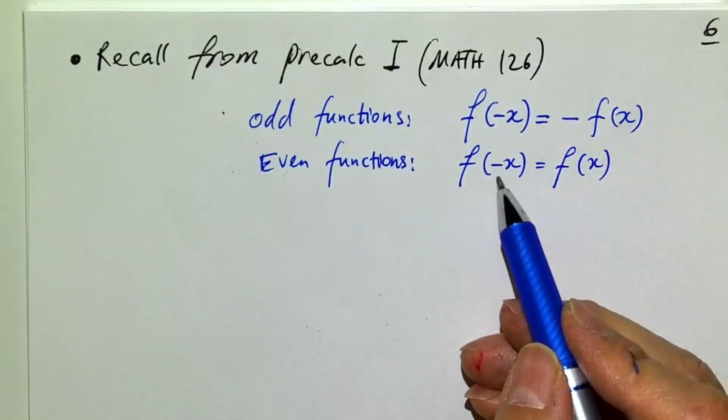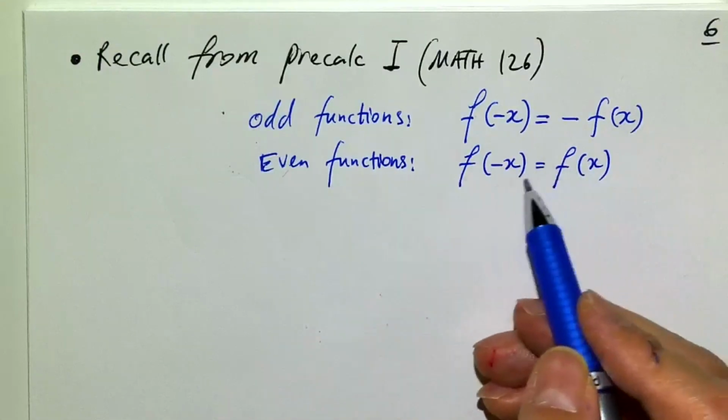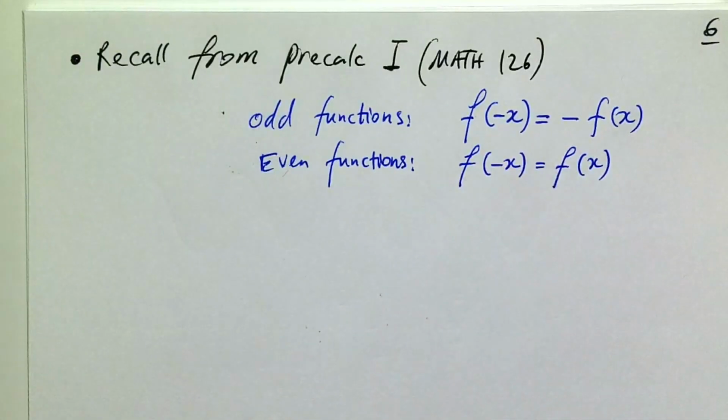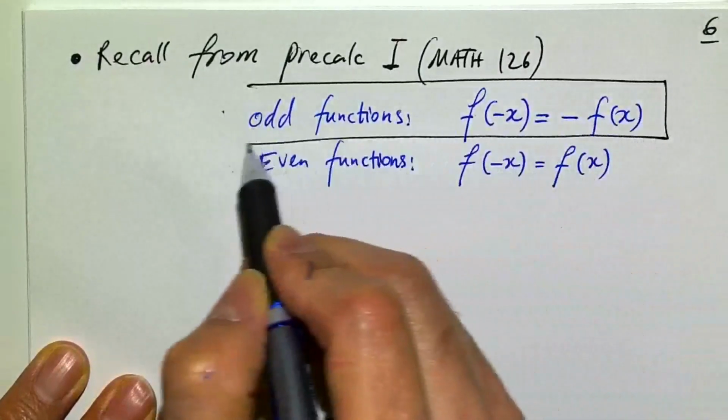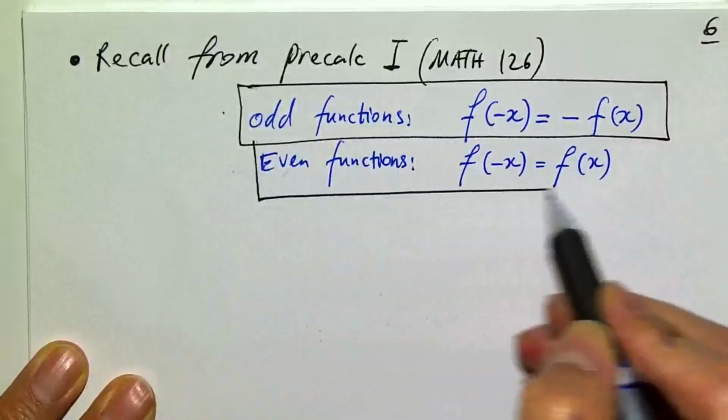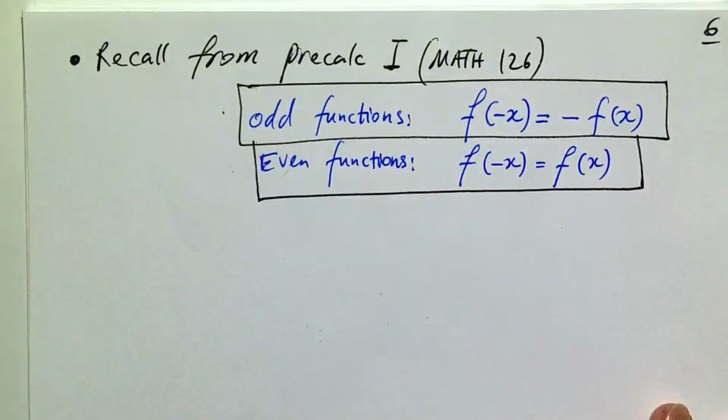Right? Minus x and x, for an even function, they're equal. Okay? We remember these two, let me box them separately, very important in this course, as well as the pre-calculus 1 we learned before, right?